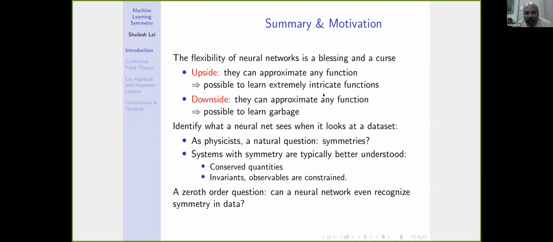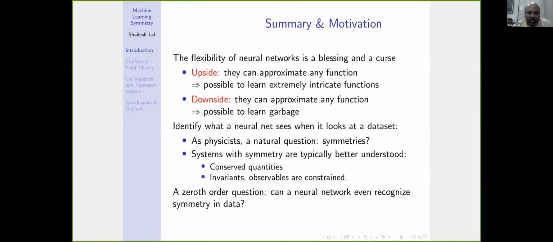It's possible to learn very intricate functions which are not obvious to a human, but it's also possible to learn garbage. So what one would like to do is to identify what a neural network sees when it looks at a data set. And as physicists, anytime we want to identify what something is looking at, or we want to study something that we hope we would understand well independently of a network, the first thing we might want to look at is, what are the symmetries of the data set?